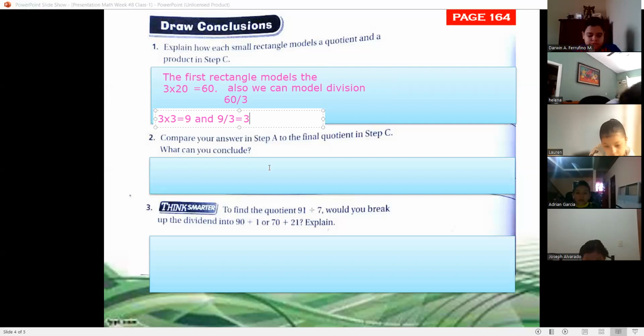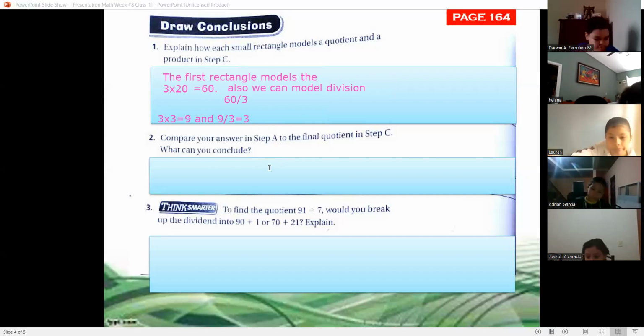So if you see, there is an inverse relationship between multiplication and division. So they are very related, the two of them. There is a connection between them.